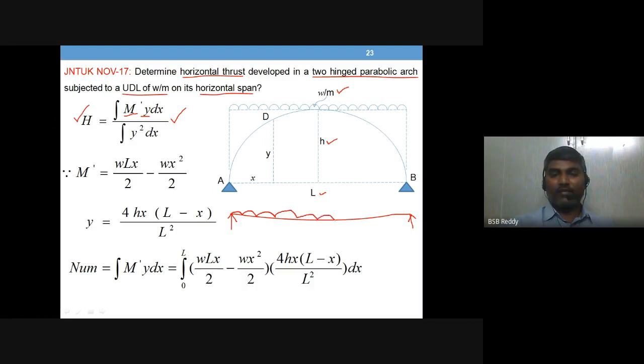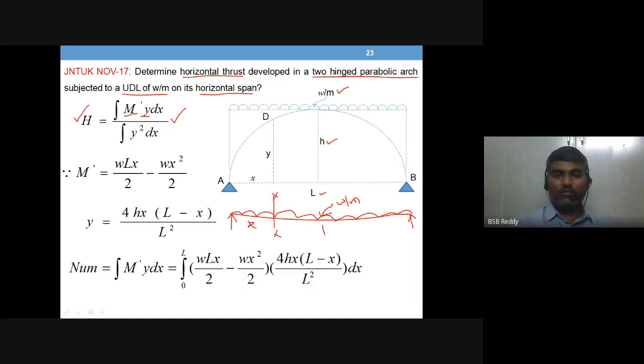Let it be like this, W per meter. The section is taken here at a distance of X. You require this reaction for writing the M_x equation.